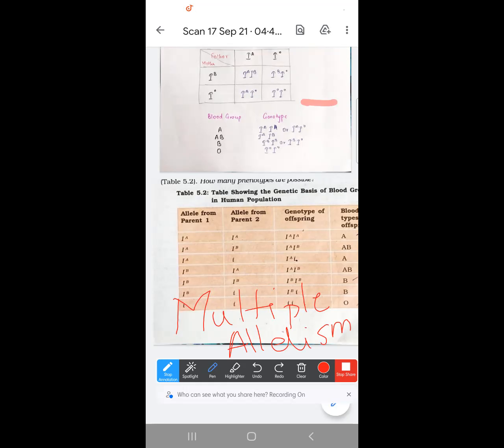That is, we have seen here that IA and I naught give A blood group, so it is governed by more than two alleles. Therefore, it is an example of multiple alleles, like blood grouping. That is, our blood grouping is governed by three alleles, that is IA, IB, and I naught.